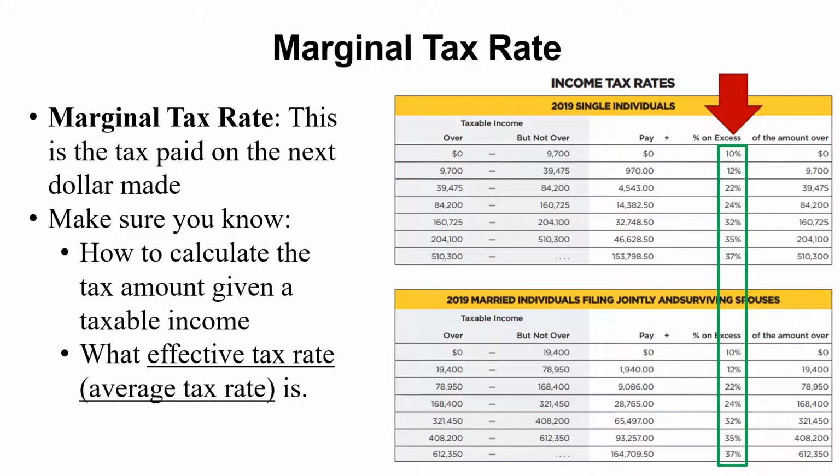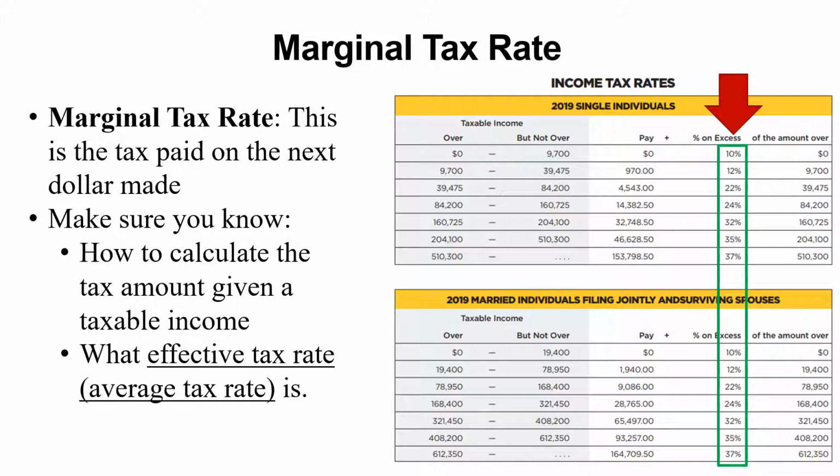Be aware that this is not the overall tax rate. Even if you are in the highest tax bracket, say the 37% tax bracket, part of your income is still taxed at 10%, 12%, 22%, 24%, 32%, and 35%.